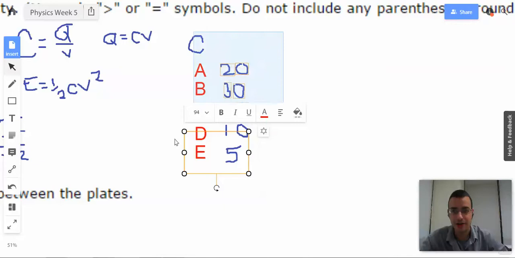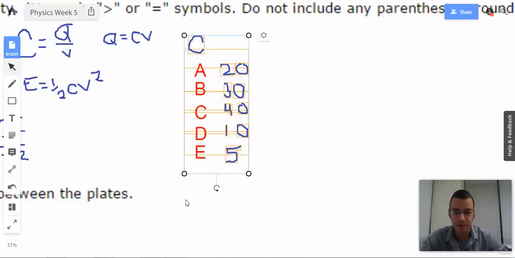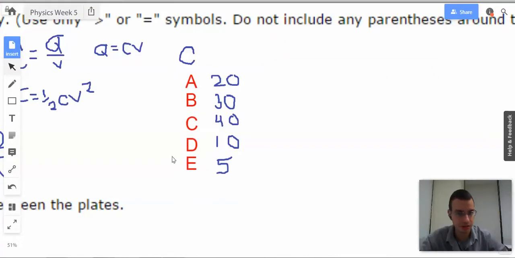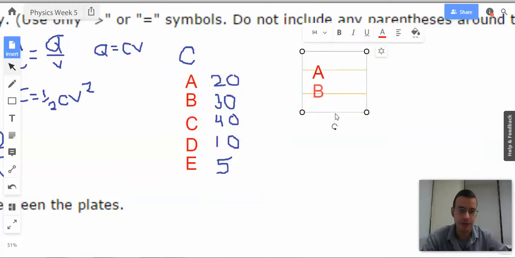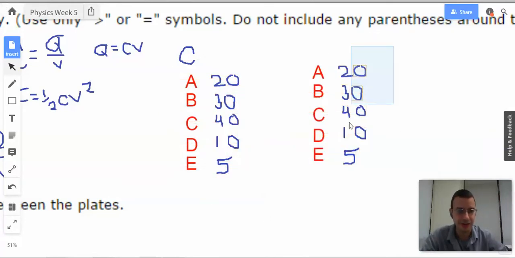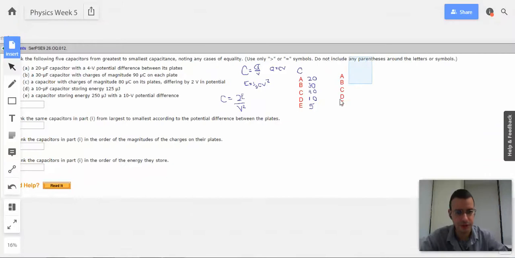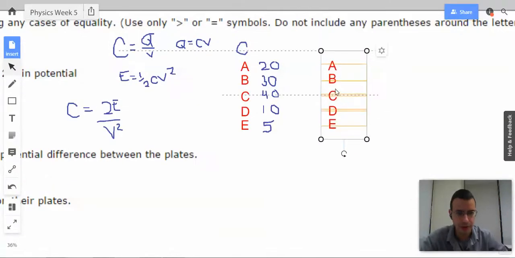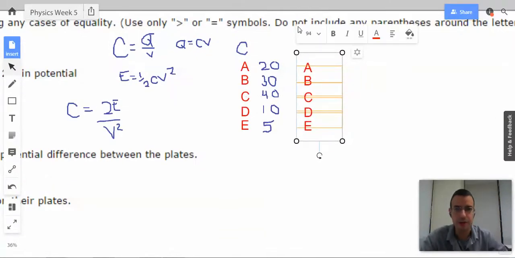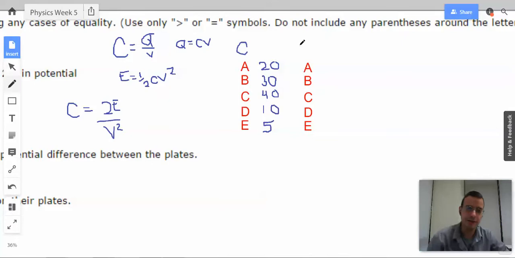Now the secret's going to be trying to highlight just the letters. Aha! Ah, darn it. There we go. Success.